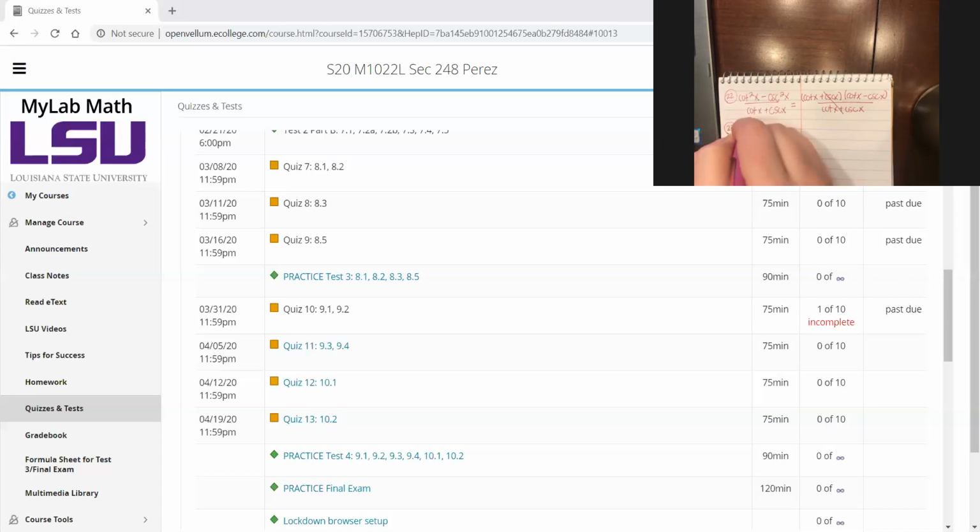Okay, 23, cosine of 2 times tangent inverse of 3 over 7. So you gotta remember, this is the same thing as an angle. So this is like having 2 times theta.